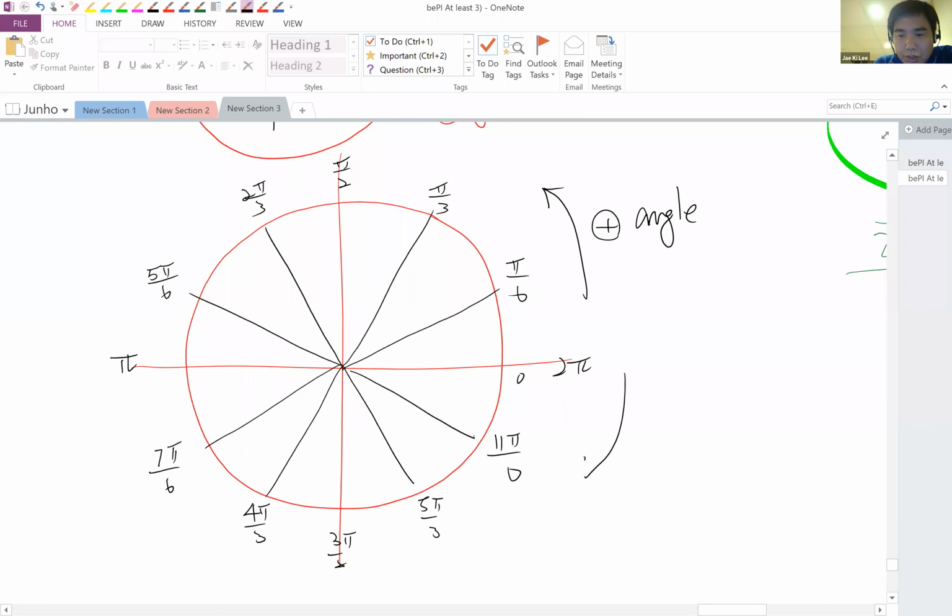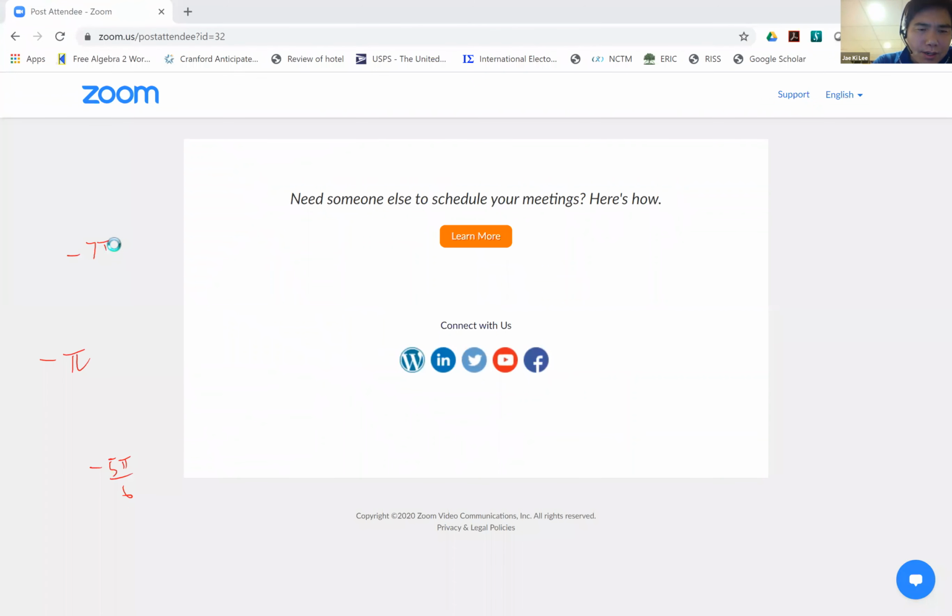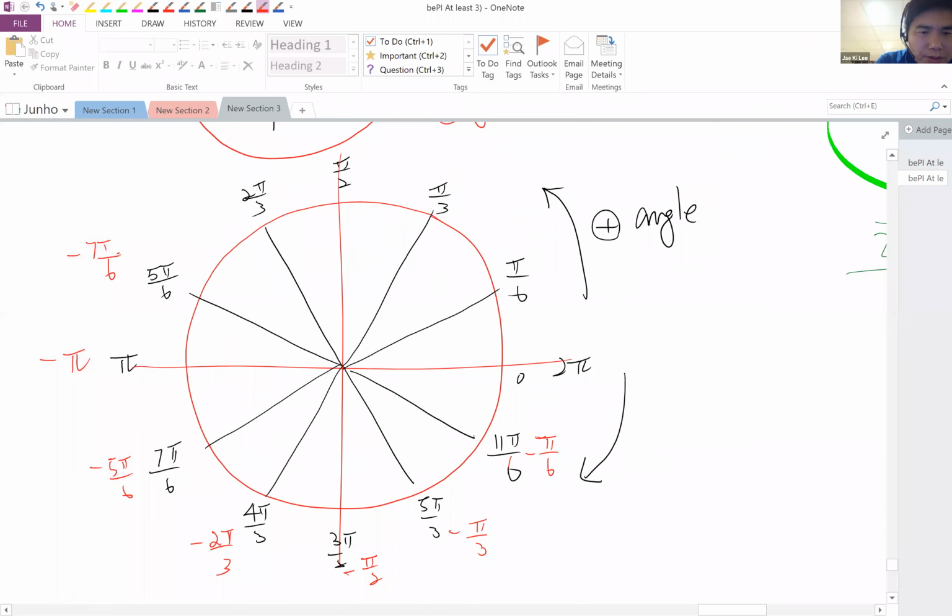Now for negative angles, we go this direction. So this becomes negative pi over 6, negative pi over 3, negative pi over 2, negative 2 pi over 3, negative 5 pi over 6, negative pi, negative 7 pi over 6, negative 4 pi over 3, negative 3 pi over 2, negative 5 pi over 3, negative 11 pi over 6, and negative 2 pi.